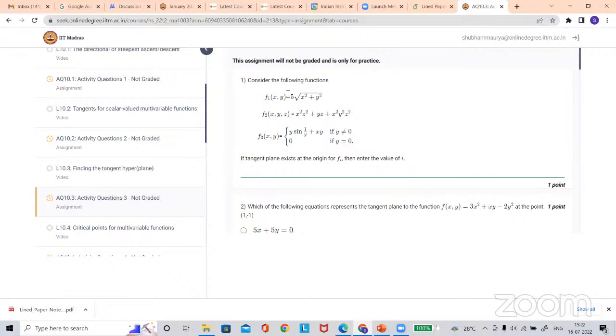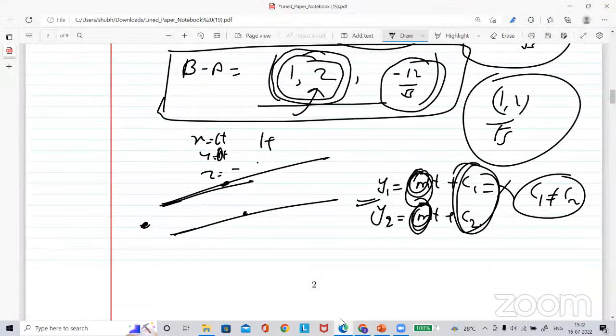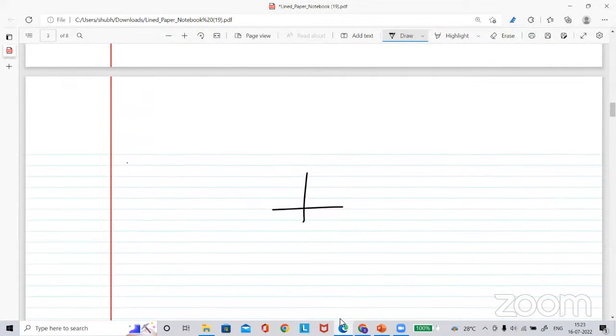Not only 0, there is no need for it to be 0. Asking for it at origin means around some ball of origin. Suppose you have origin, so take a ball. What the theorem tells you is that your partial derivatives should exist and be continuous around the open ball.